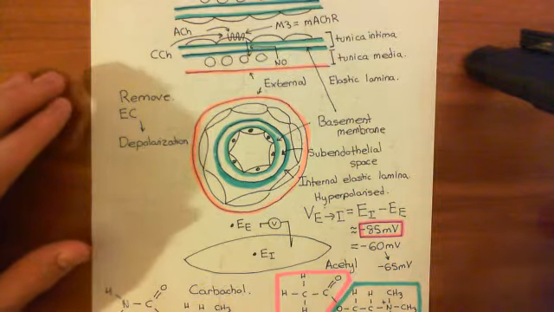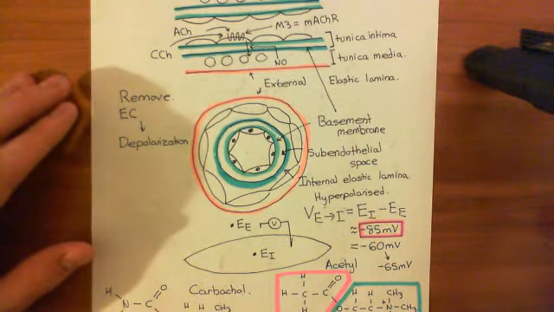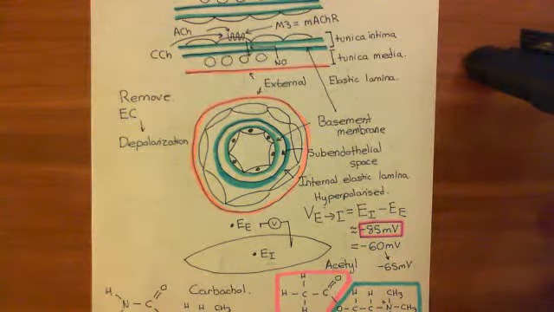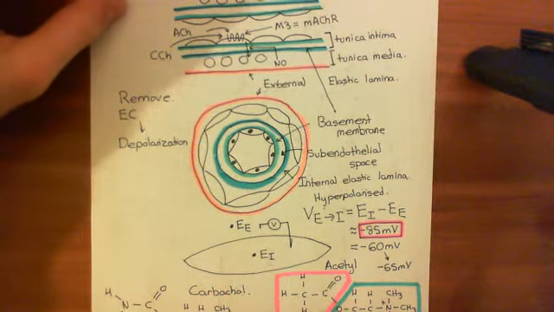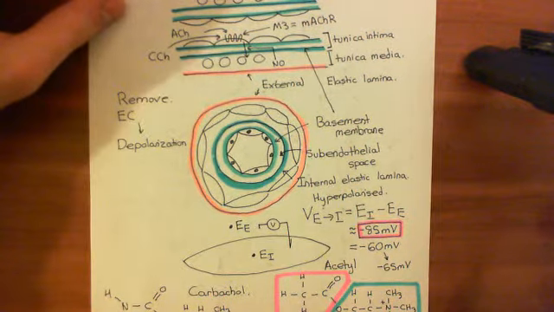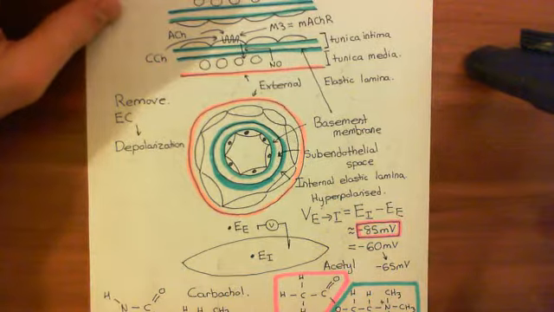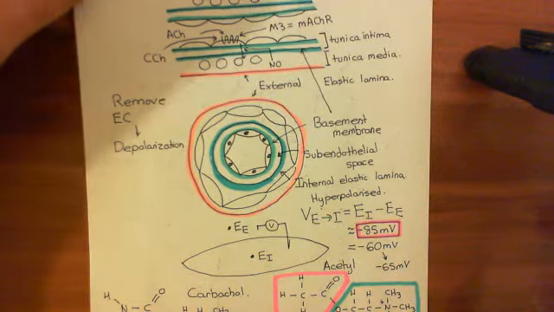What he found is that you did, basically. So that shows that it is not nitric oxide that is producing this hyperpolarization of the smooth muscle cells, because when you apply hemoglobin, which mops up all the nitric oxide, you still see the endothelium-dependent hyperpolarization.